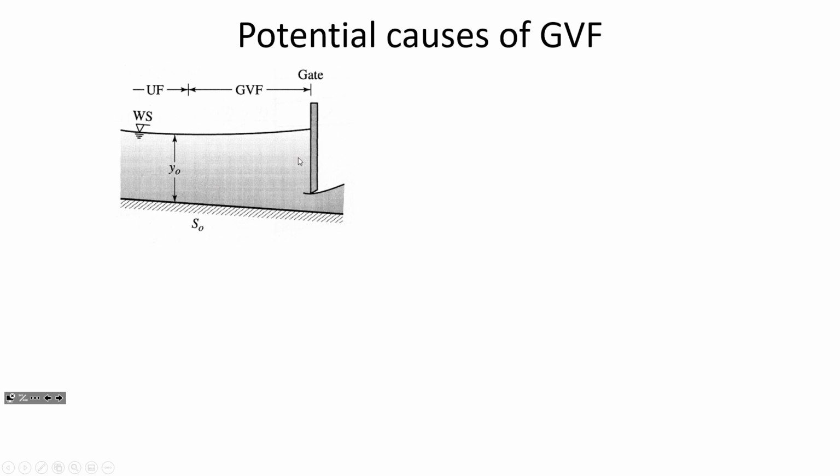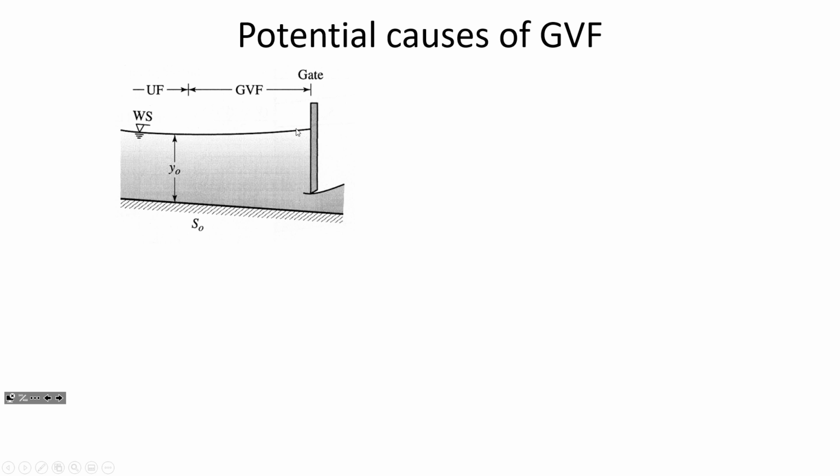So for instance, when water approaches a gate, like if a gate is put into a channel and the water used to be flowing at the normal depth, so here y_n just means back when conditions were uniform. So here UF means uniform flow. If uniform flow encounters an underflow gate, then the water is going to pool upstream of that underflow gate in order to obtain enough energy to push the water underneath the gate with sufficient velocity to accommodate the flow rate.